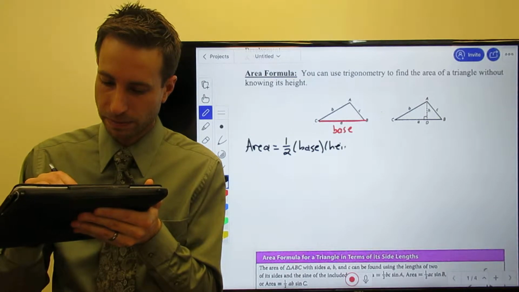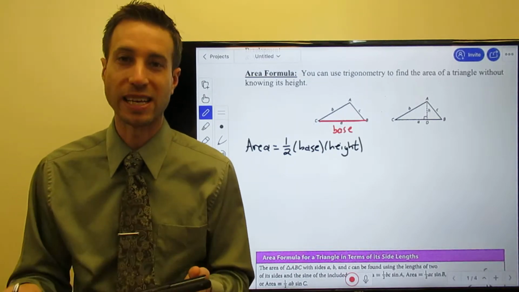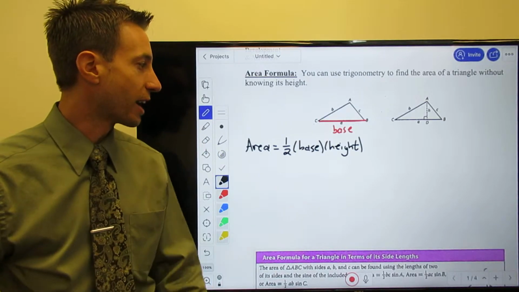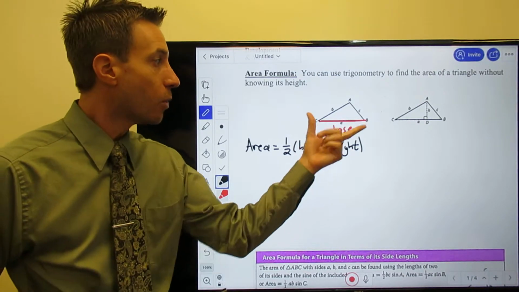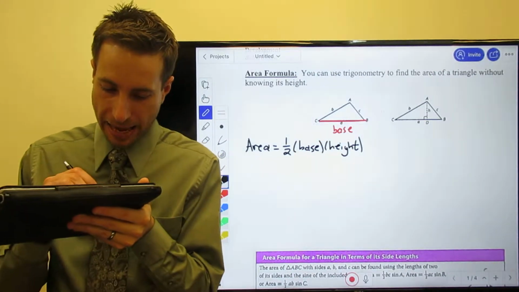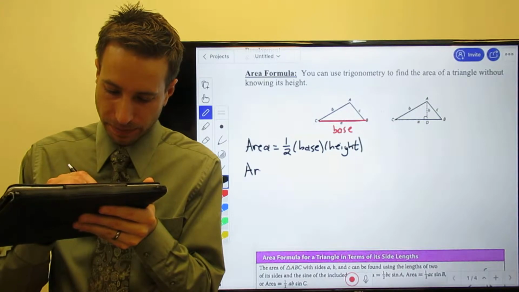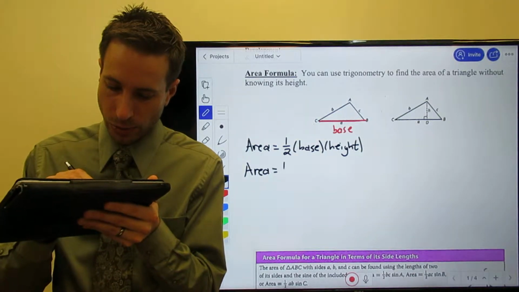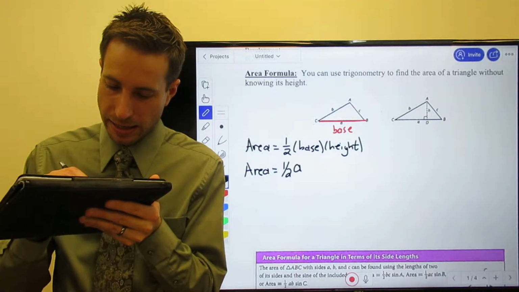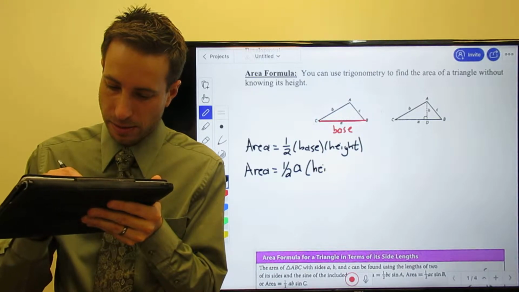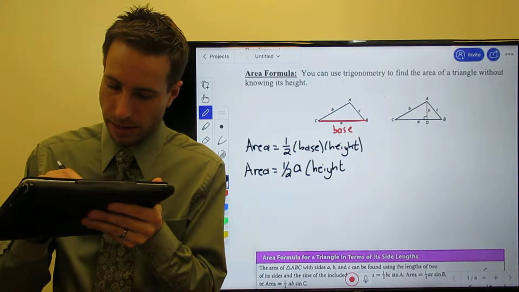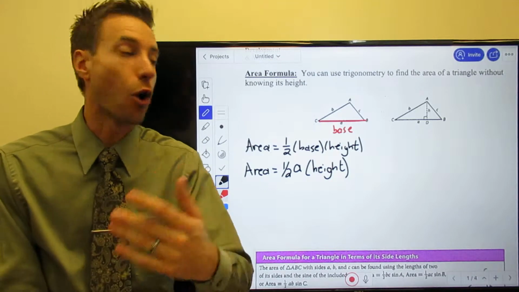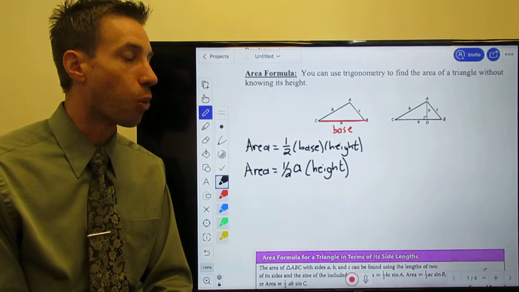There we go. That'll make more sense. Okay, so in my triangle, what is my base? Well, in this triangle, the base would be A. So the area is equal to 1/2 A times the height. Fantastic. Okay, so now the only other thing I need to figure out is what is the height.